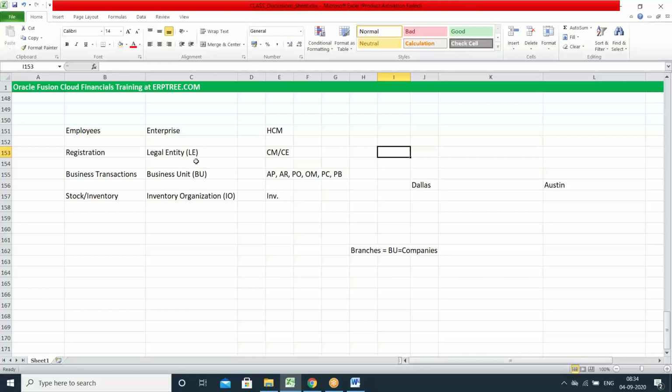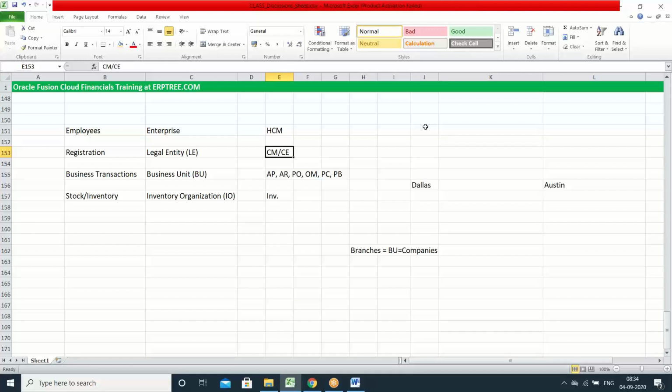The organization can be identified with registration. Registration is nothing but the legal entity. If I say the bank account belongs to so-and-so legal entity, the system will understand which registered entity owns that bank account. We don't map any other applications at the legal entity level, only cash management.